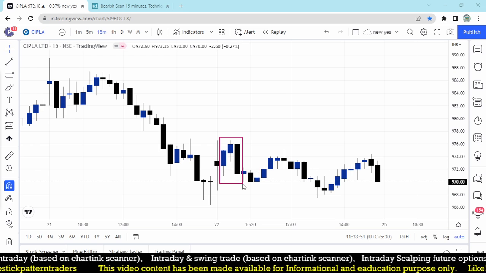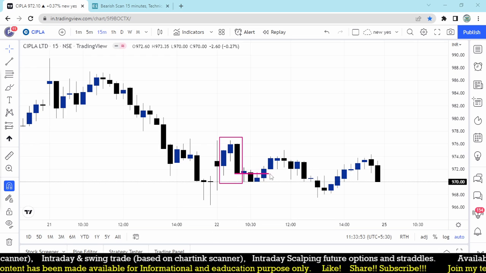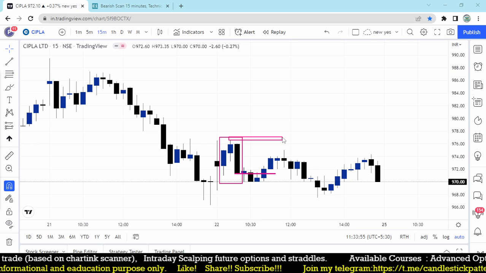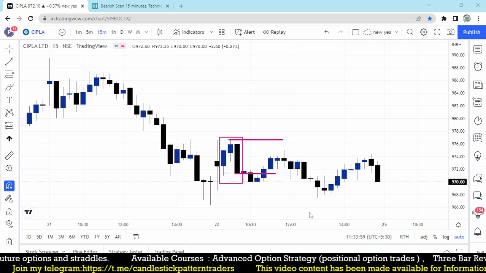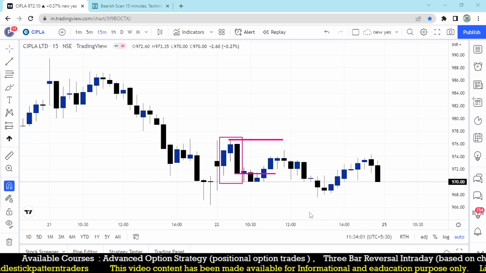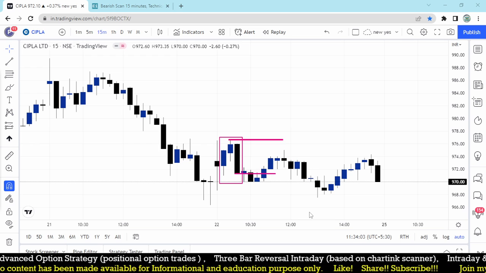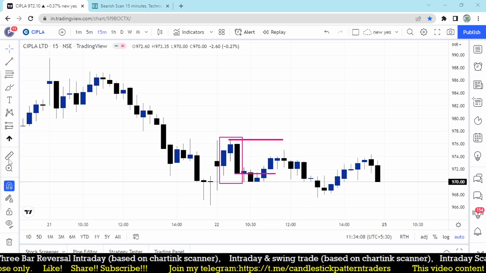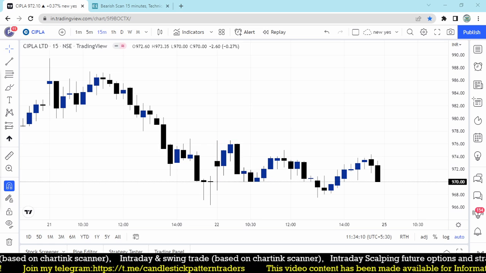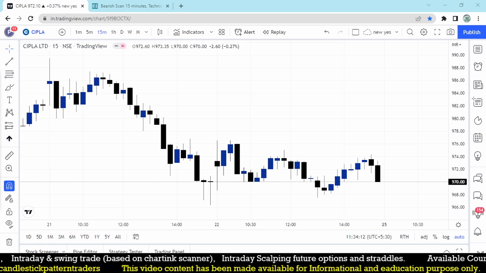This is the 3-bar reversal, our entry is there and our stop loss, but neither the target nor the stop loss triggered. That has also happened, but we are finding out such opportunities, whether the pattern is present on the stock. This is a filter, it filters the stocks and tells you.